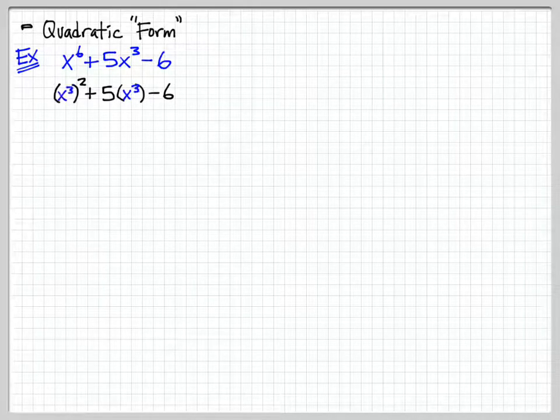So what we say here is that x to the 3rd squared is the same as x to the 6th, and we have here 5 times x to the 3rd.